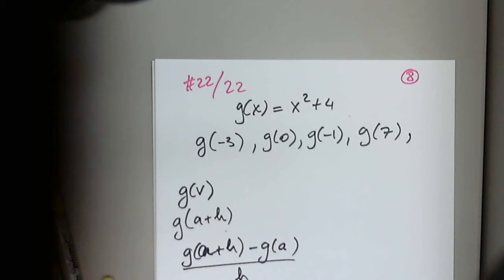For the first part, I'm going to go back to the graphing calculator and plug in x squared plus 4 and determine each and every one of them in a blink, except the last two.